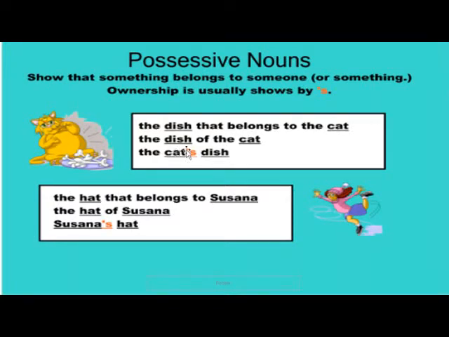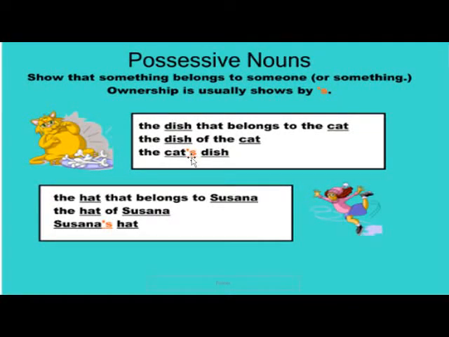There is no S at the end. I will add the apostrophe up. The place of the apostrophe is up, not down like the commas.